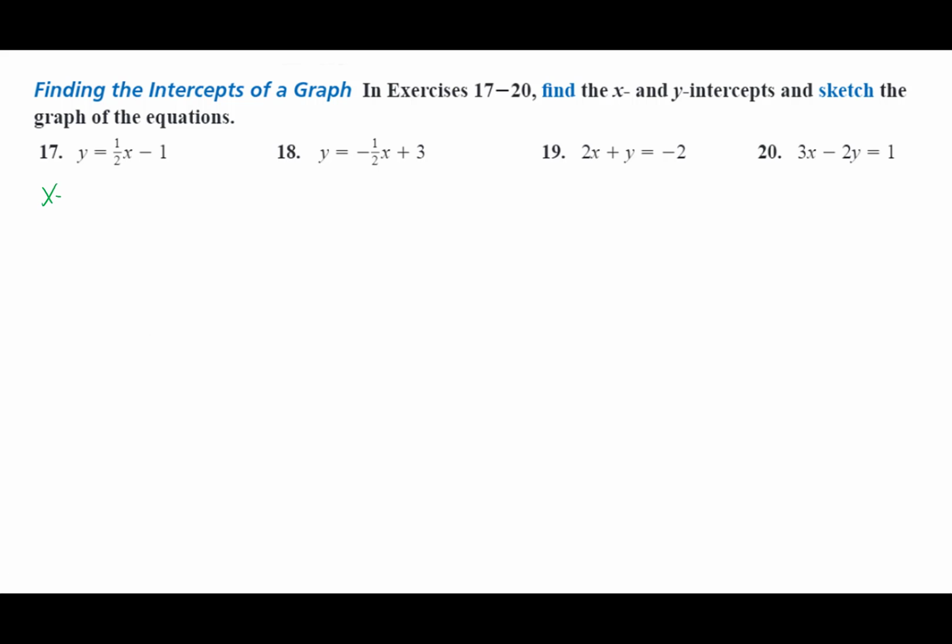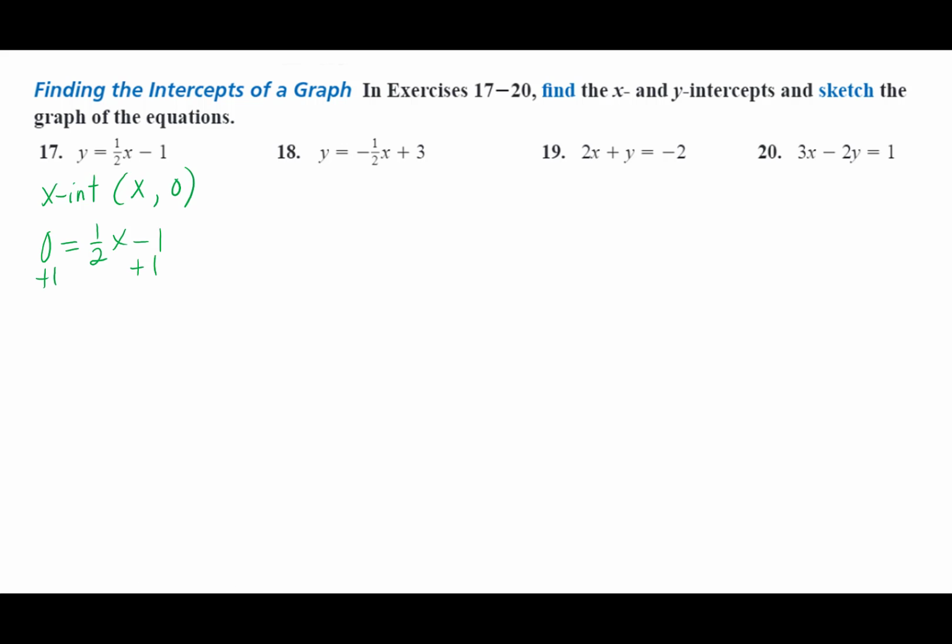What we know about the x-intercept is that it's x comma 0. It's in that format, and we're going to use that format to our advantage, knowing that y will always have the value of 0. So in this equation, instead of y equals 1/2 x minus 1, I'm going to write 0 equals 1/2 x minus 1, and then simply solve for x.